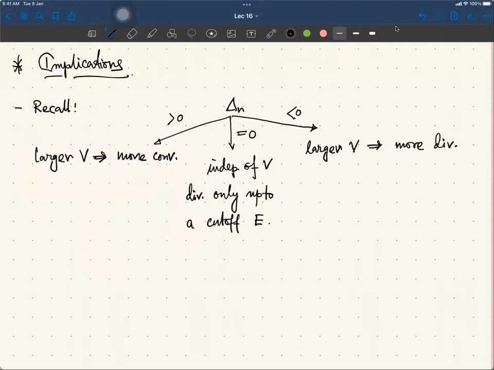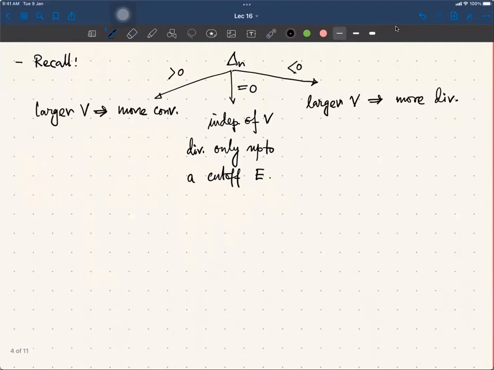Now, of course, in the first two cases, we see that when V increases, the diagrams become more convergent, which means omega tends to become more negative.